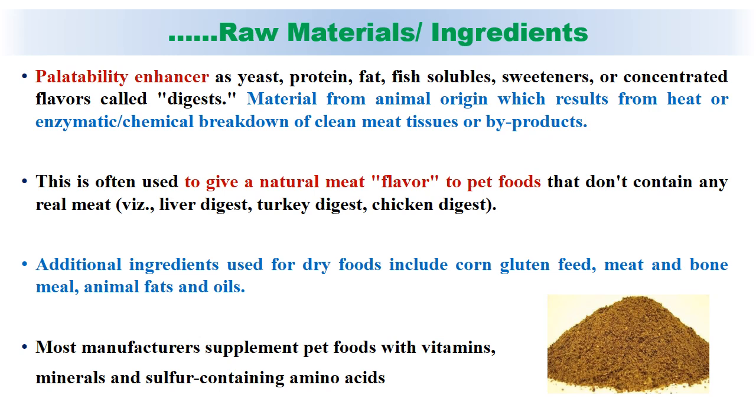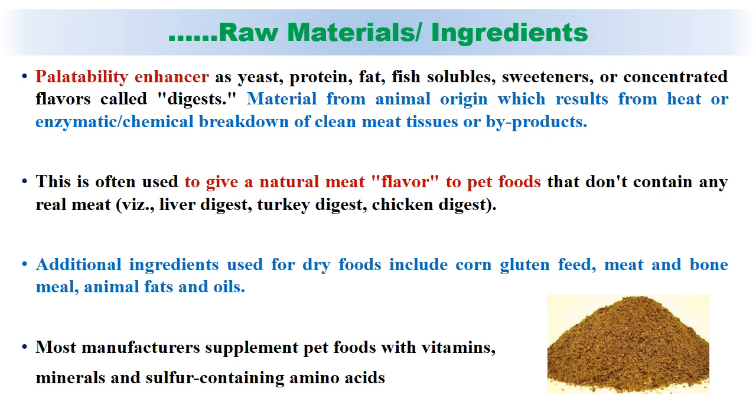This group of ingredients, the digests, plays an important role in improving the flavor, that is giving the meat flavor, particularly when we don't use real meat. This is generally made from the liver or turkey or chicken. So this digest is added to the ingredients when real meat is not used.